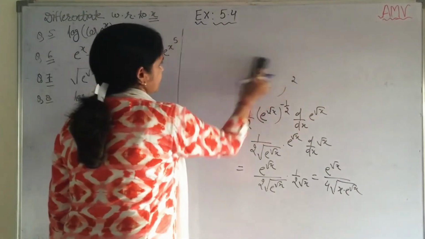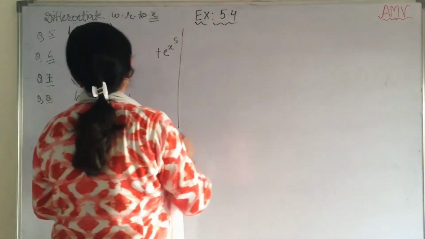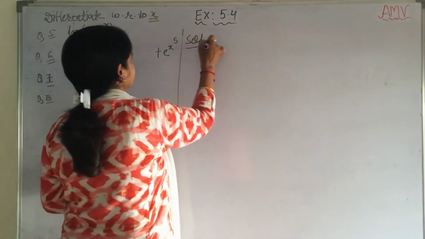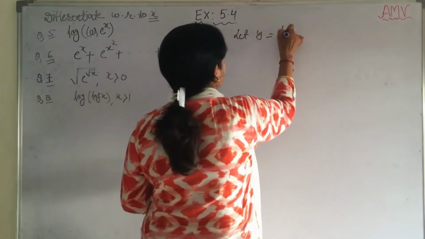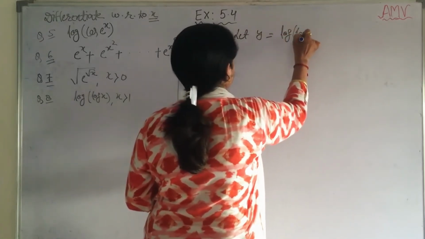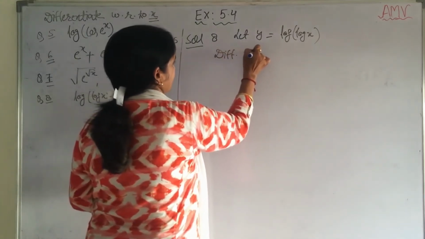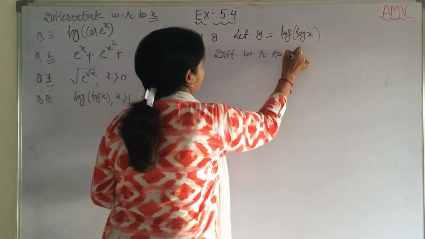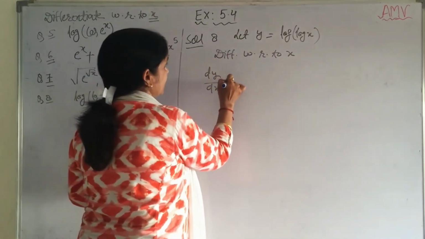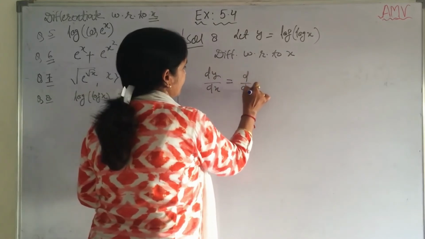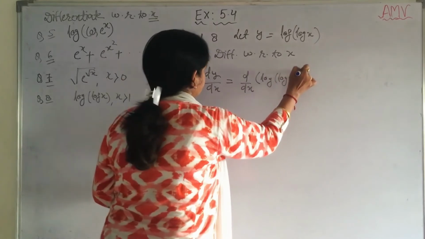Now next question. Question number 8. Let y is equal to log log x. Okay. Then differentiating with respect to x, it is dy by dx and here d by dx of log log x.